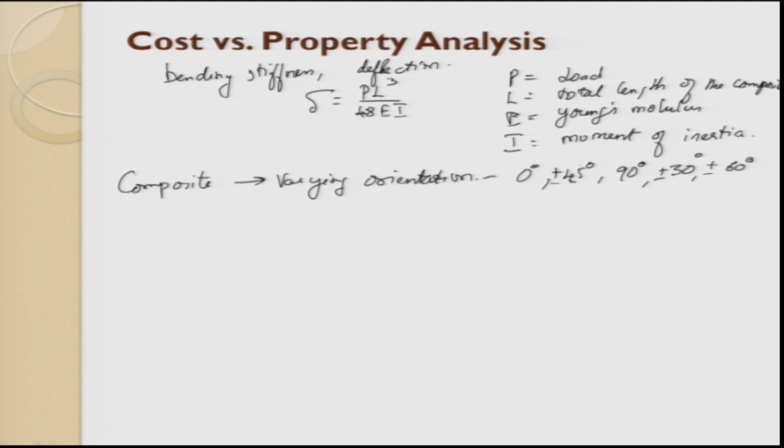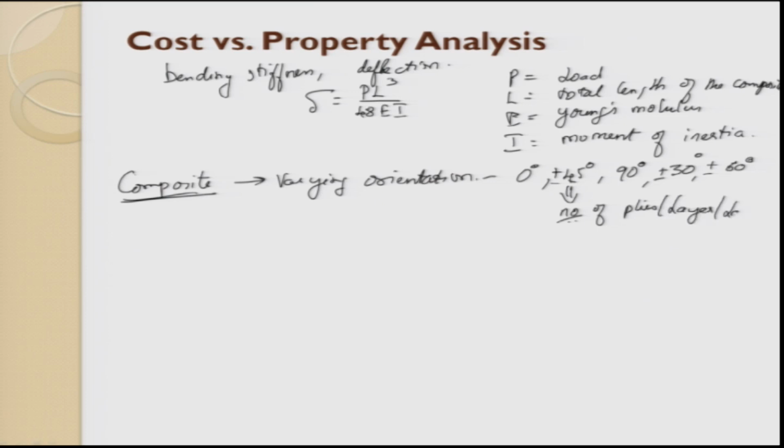If I want to determine this for a composite material with varying orientation, this information alone does not end it. I also have to say the number of plies I use, that is, the number of plies or number of layers.